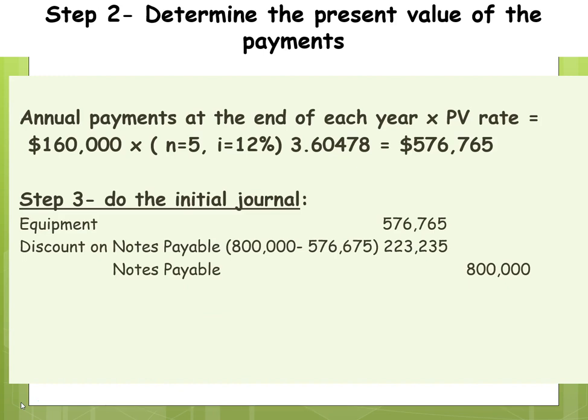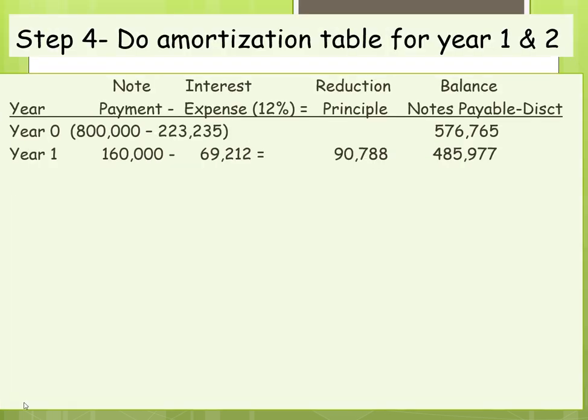Now, I like to do an amortization table because it kind of helps you figure out what the payments and the interest is. Because what you have to do is every time you make a payment, part of that is also interest. So year 1, we start with $576,765, which is the net present value of the notes on the book, which would be the notes payable minus the discount.